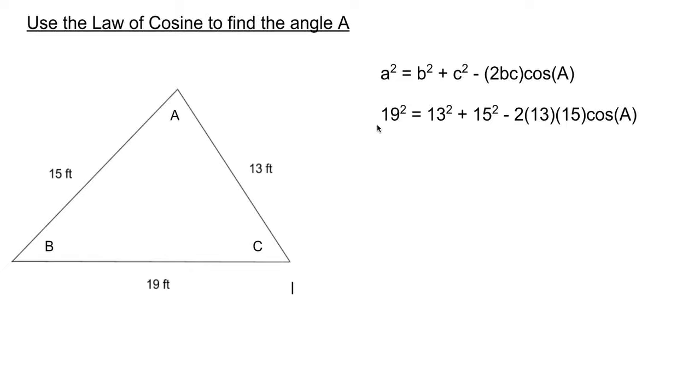Plug the numbers in, you have 19 squared equals 13 squared plus 15 squared minus 2 times 13 times 15 times cosine of A. 19 squared will give you 361.